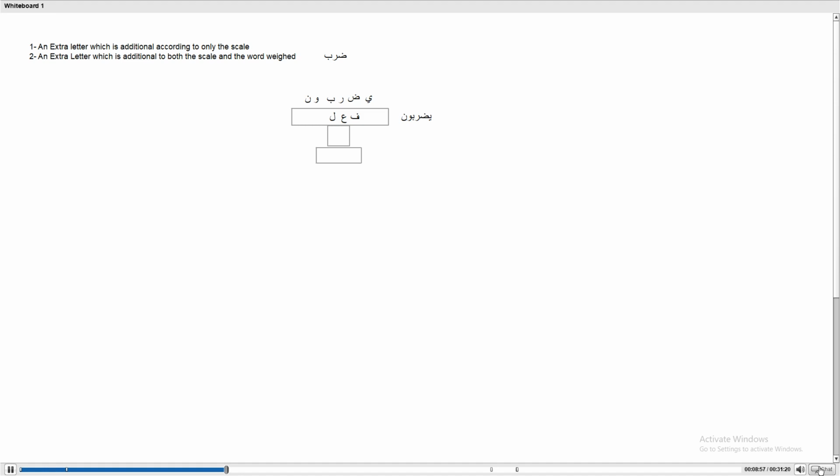So simply we say, because it's not in darb. The ya is not in darb. So if it's not in darb, that means it is not original, because the original letters never fall out from any form.